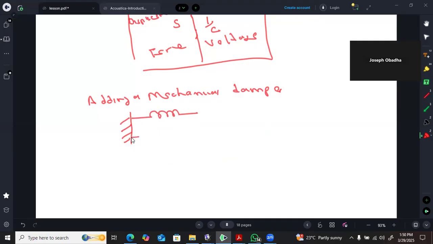So if we add a mechanical damper, the speed U, we would compare this to this circuit where you have a resistor, still our inductor.